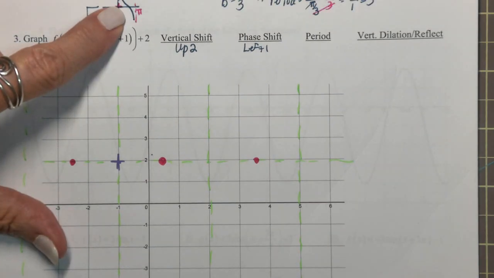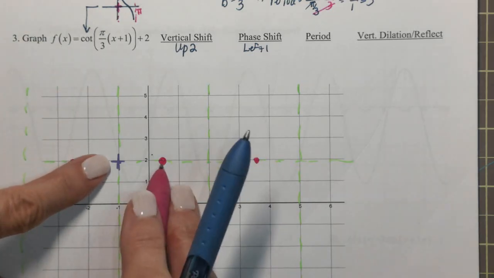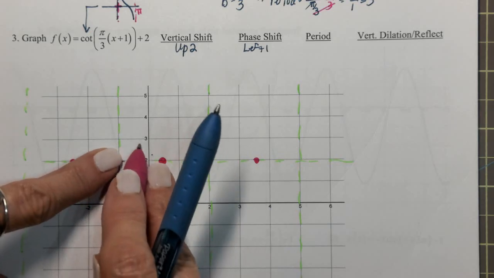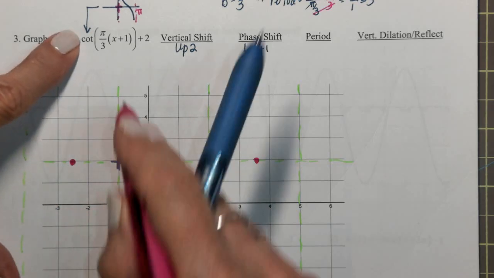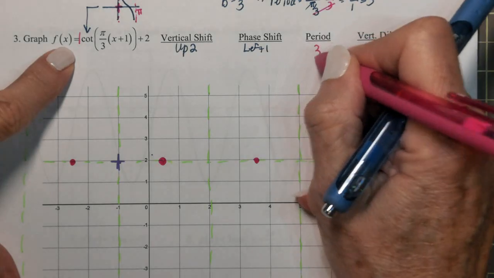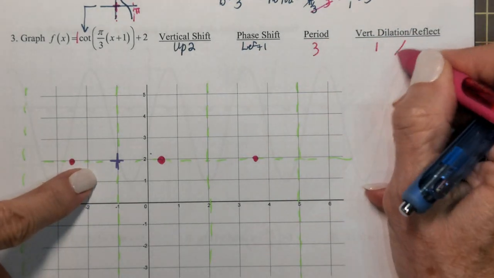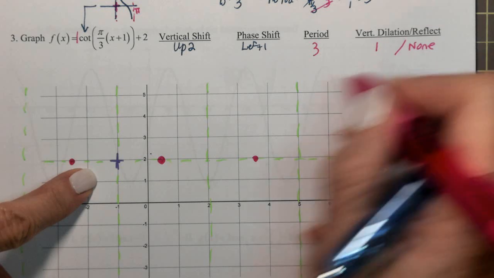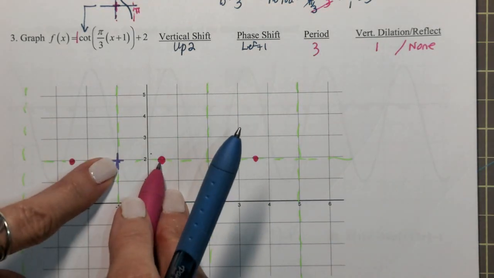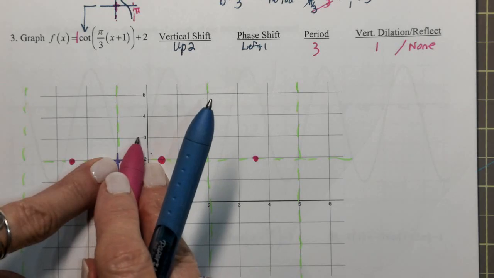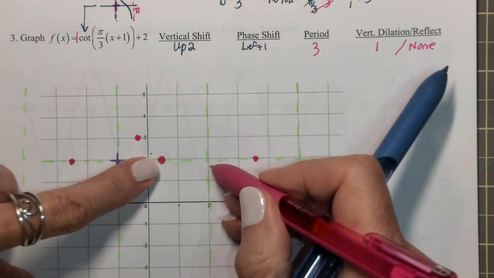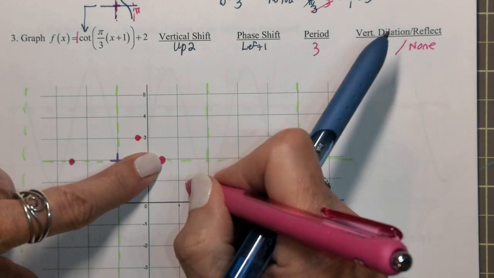Cotangent is always decreasing. So, halfway between these two, I should be up, right? How far up? Well, there's only a 1 in front of there. So, and no reflection. So halfway between here, I should be up 1. Halfway between here, I should be down 1.